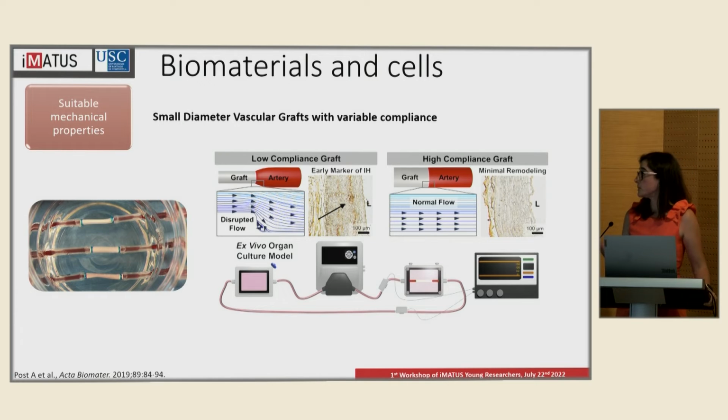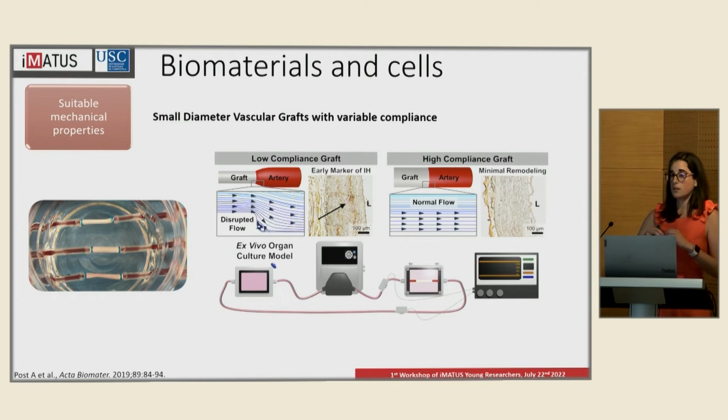This is important especially in small diameter vascular grafts, because when we work with biomaterials that have low compliance, every time the heart is beating, the diameter of the native vessel is going to increase, but not that of the scaffold. So the shear stress is really high in the suture line between the artery and the graft.